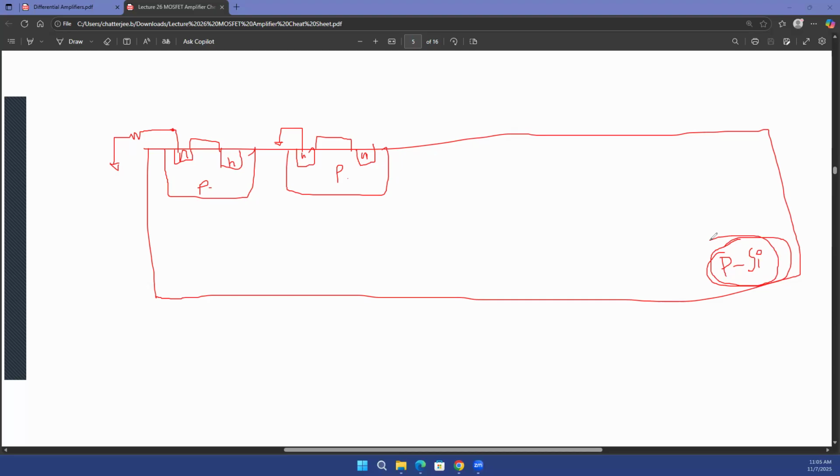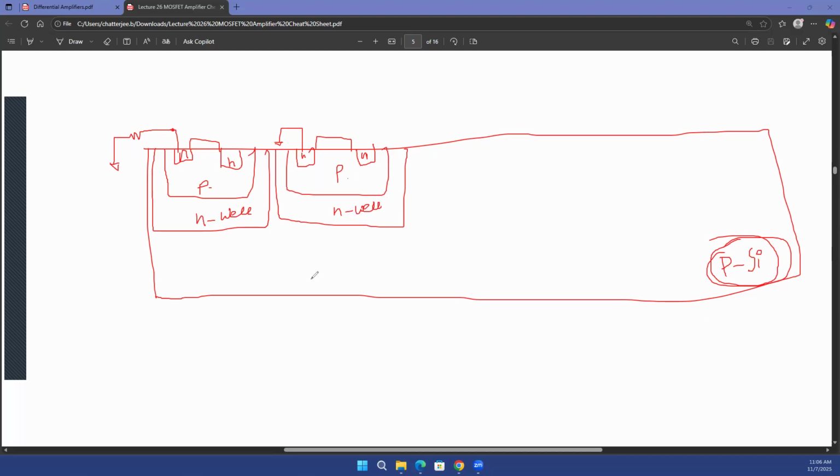No difference, because it's the same p-type silicon. So to create a difference, you have to create an N well, and another N well over here, and then these two transistors will be isolated. Right? So now these two transistors are isolated.